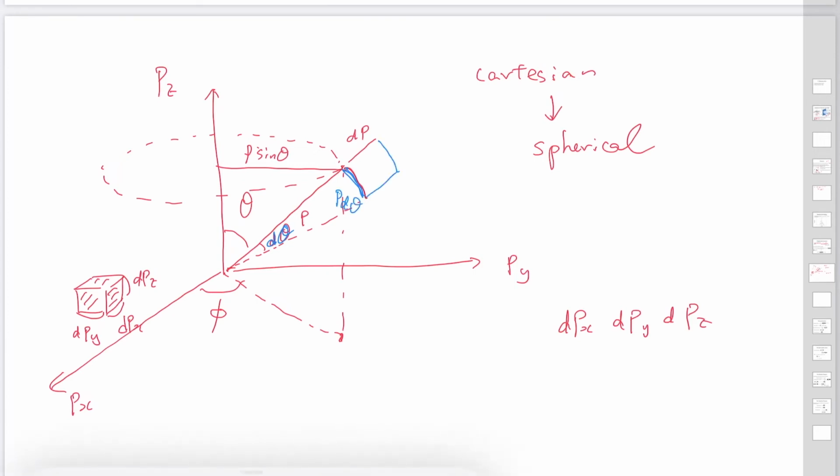Then we would like to change phi. So this point corresponds to d phi. This is on the circumference of a circle with a radius of p sine theta, so this angle is expressed as d phi, and the distance is expressed as p sine theta d phi.